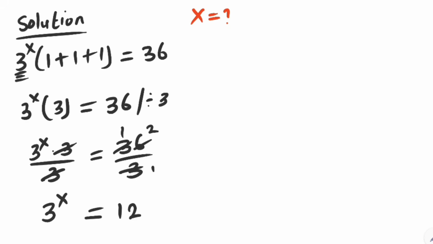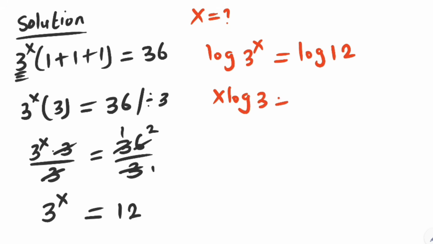Now let's take the log on both sides of this equation. If you take the log, we have log 3 raised to power x is equal to log 12. Then x log 3 is equal to log 12.